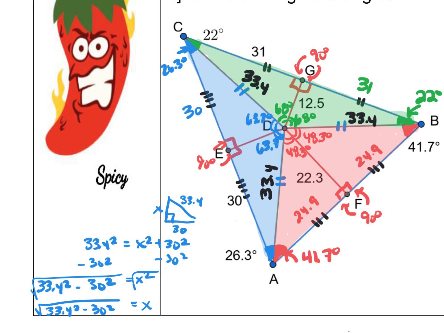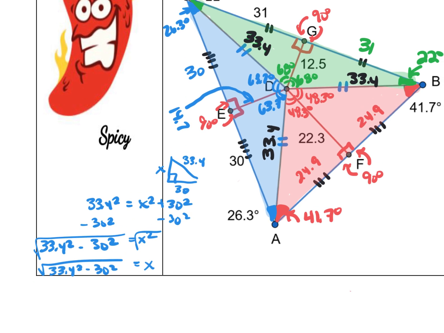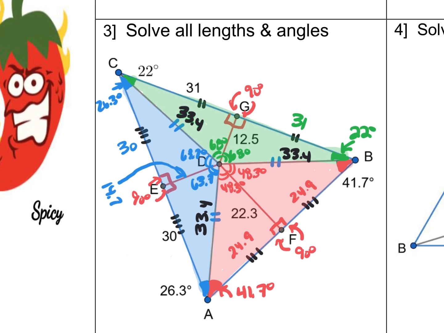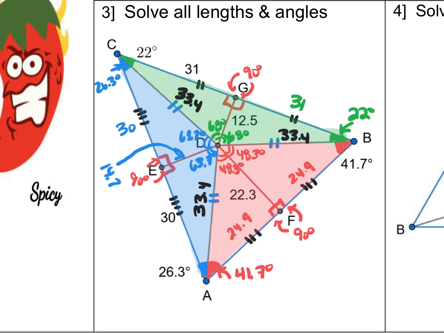So that means this guy here is going to be 14.7. And then I'm going to erase all this, get this out of the way so we can look at this. So now I have solved for all of the lengths and angles of this triangle.